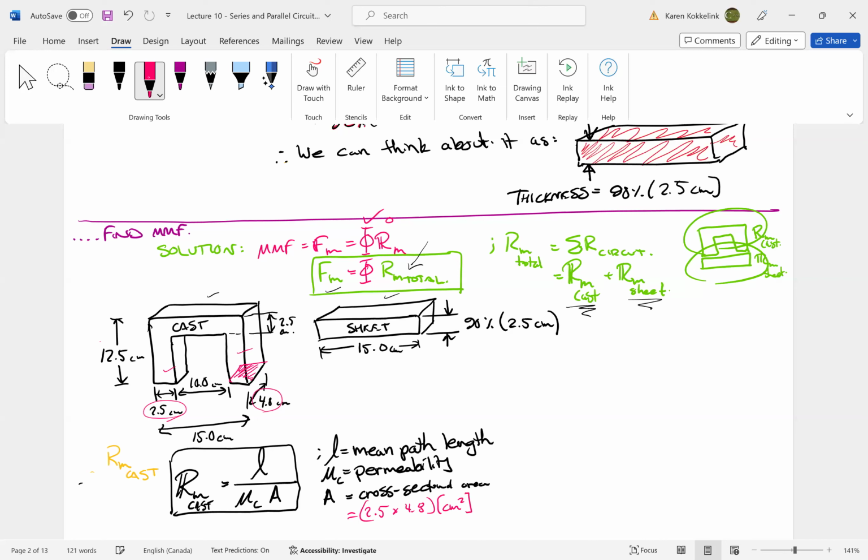And in order for our equations to work, we need to convert those square centimeters into square millimeters. So how many millimeters are in 1 centimeter? We have 10 millimeters in 1 centimeter, and we are squaring. And if I worked that out, I get 1.0 times 10 to the negative 4. Karen: Yes, I thought it was 4 centimeters, not 4.8. Oh, I'm sorry. This is 4.0. Thank you so much. I didn't read my own writing there.